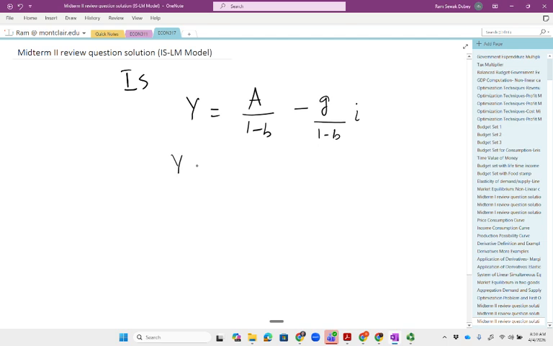Remember, y is the national GDP. In equilibrium, i is the interest rate.